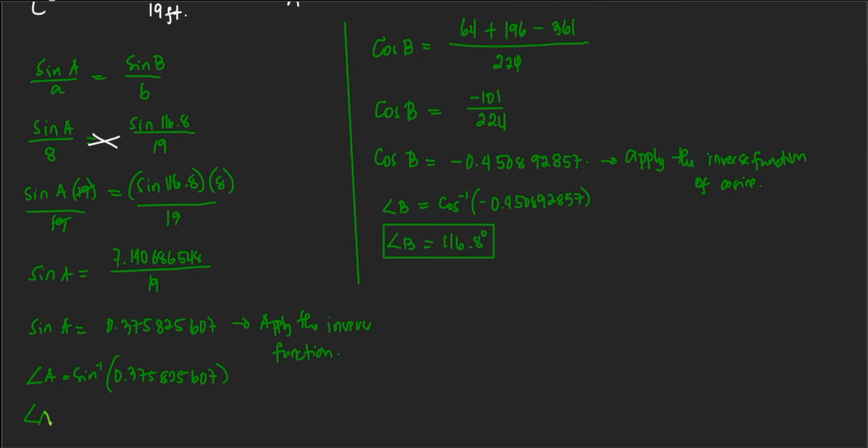So, angle A is sine negative 1 of 0.375825607. So, yung result natin is we have 22 point. Pwede man natin kunin yung 2 decimal places, so magiging 22.08. So, that is in degrees.